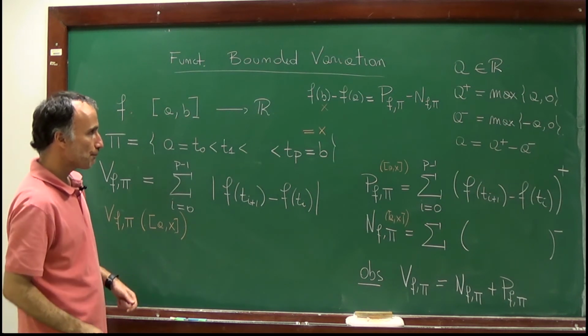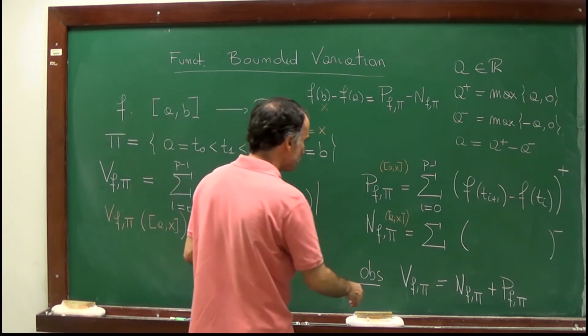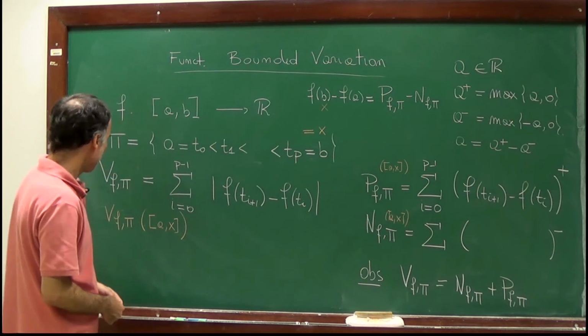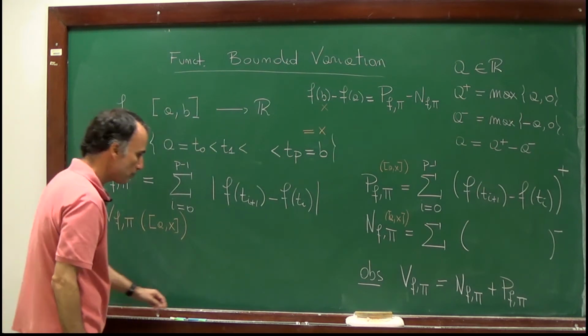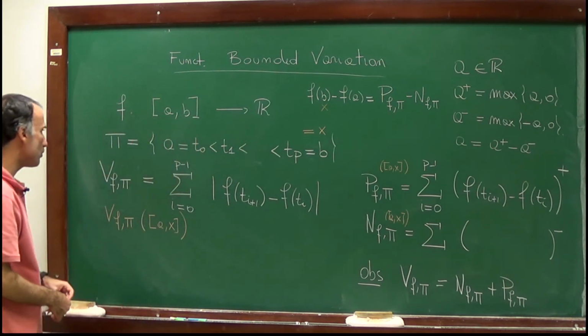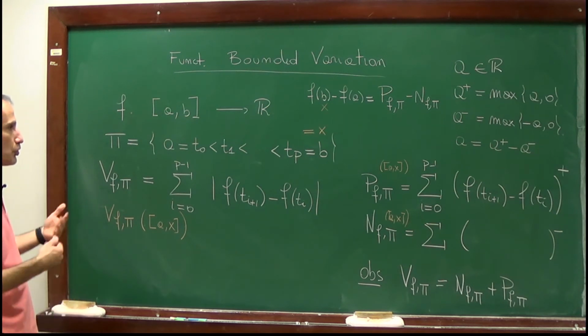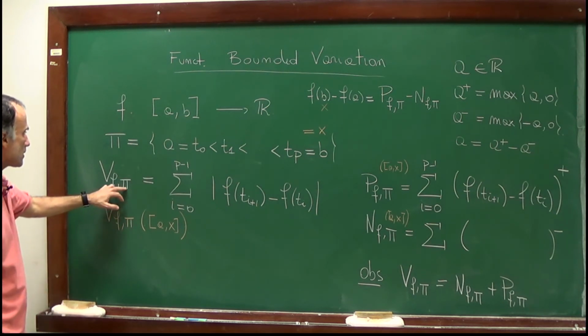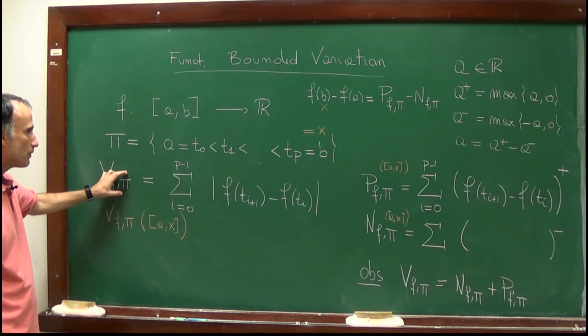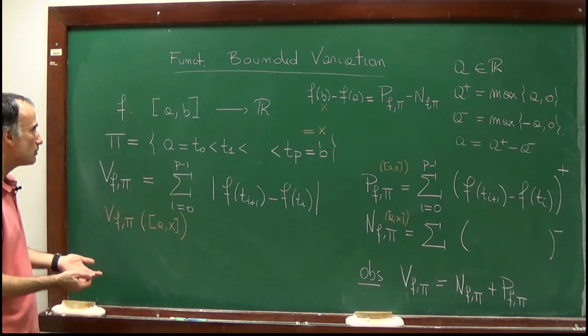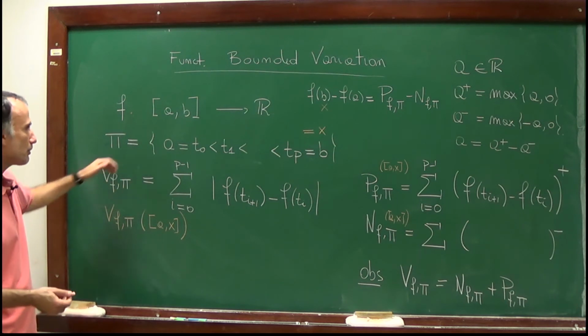So these are simple notations, but now what I will do, and maybe let me do that in this blackboard, is that I will define a new object which is, well, this is well defined for each partition, so let me take the supremum over all possible finite partitions.